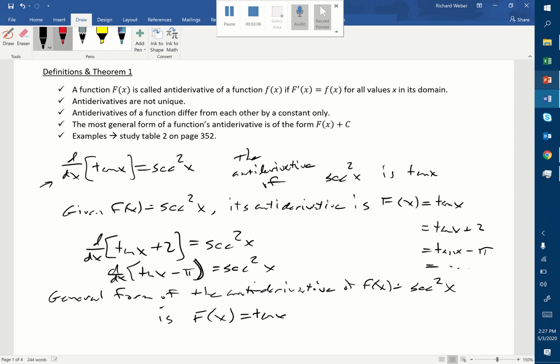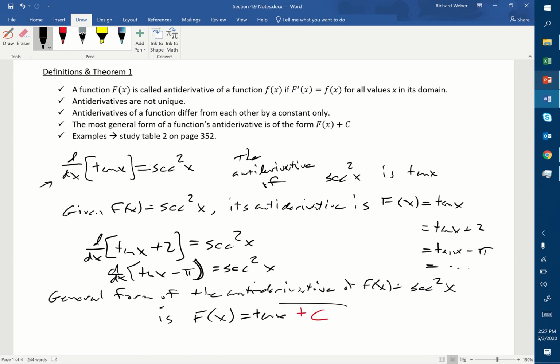But here's the thing. You tack on a plus C. That plus C says you can have plus 0, you can have plus 2, you can have minus pi, you can have any constant added to it, and those all qualify as functions whose derivative is secant squared.